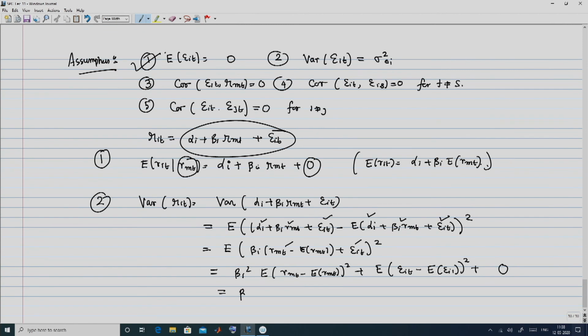So, this becomes beta_I square into sigma_m square plus sigma square epsilon_I. The first term is what is known as the systematic risk, and the second is known as the unsystematic risk. So, we can see that the variance of the asset can be decomposed into systematic risk and unsystematic risk.